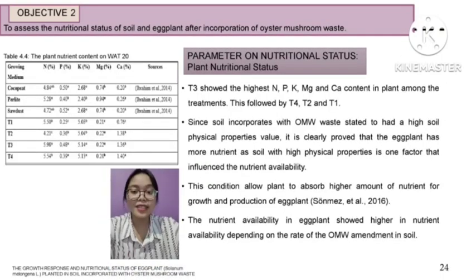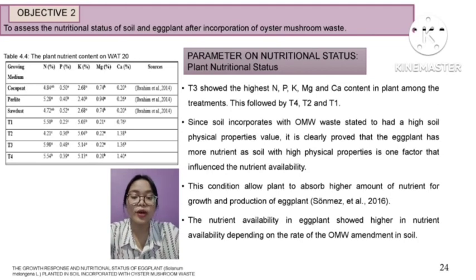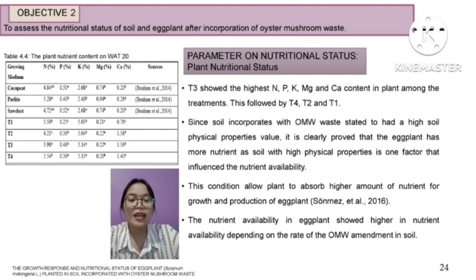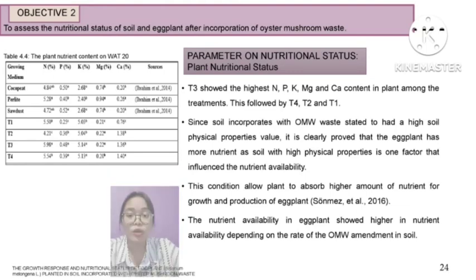Lastly, on the plant nutritional status. Since soil incorporated with oyster mushroom waste has better soil physical properties, as mentioned in the previous slide, this condition allows the plant to absorb more nutrients, thus having more nutrient availability compared to plants planted in soil alone.